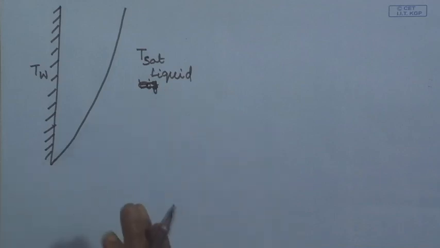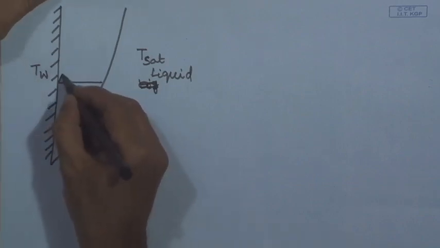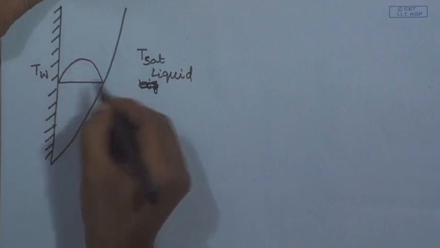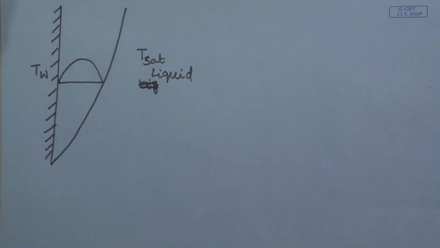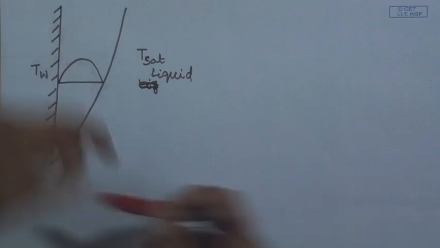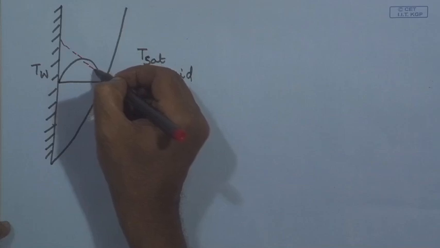Now, the liquid could be moving with some velocity or the liquid could be stationary. If the liquid is stationary, then one will have some sort of a velocity profile like this. The velocity profile is such that the velocity is 0 at the wall and the velocity is also 0 at the interface. One can also sketch the temperature profile.